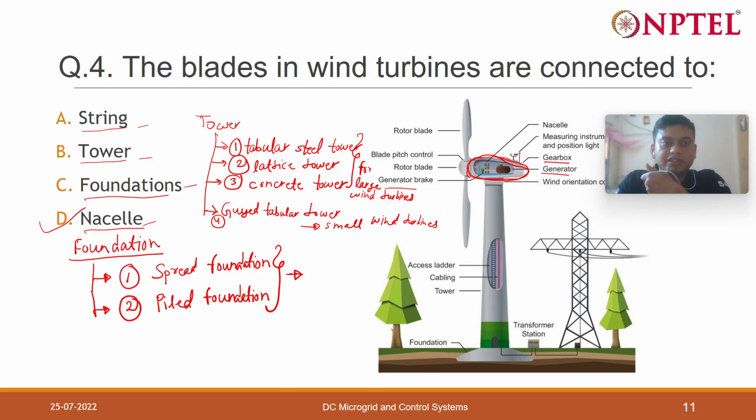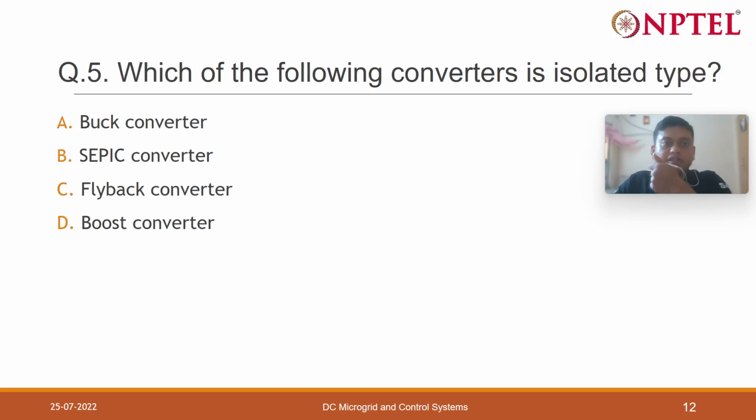Now we will see the next question. Next question is, which of the following converters is isolated type, in which there is isolation, there is a transformer that has been used. So first option is buck converter, second option is SEPIC converter, and C option is flyback converter, and D option is boost converter.